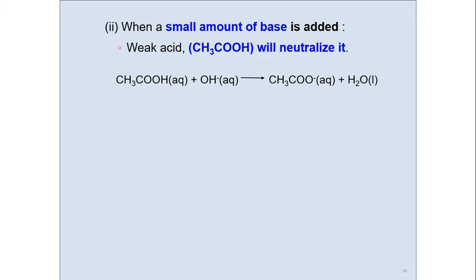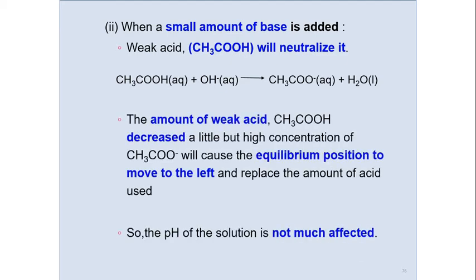The amount of weak acid CH3COOH akan decrease a little and high concentration of CH3COO- akan bertambah, tapi disebabkan ada banyak concentration of CH3COO-, equilibrium position akan shift ke arah kiri semula and replace the amount of acid used to neutralize base tadi.